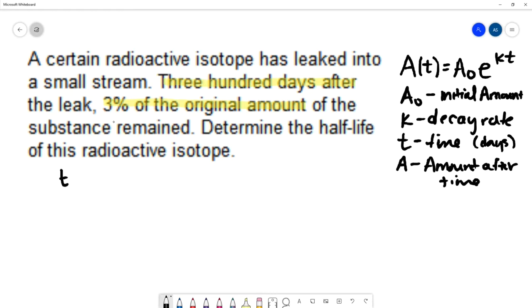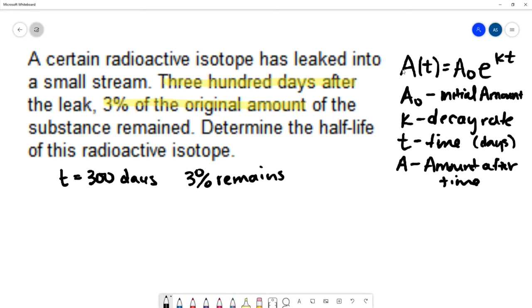So with a time period of 300 days, I know that 3% remains. Now this isn't a specific number, but this 3% remaining tells me how much of the original amount is left, or the relationship between our starting amount and our ending amount.